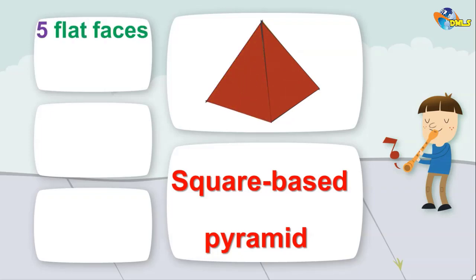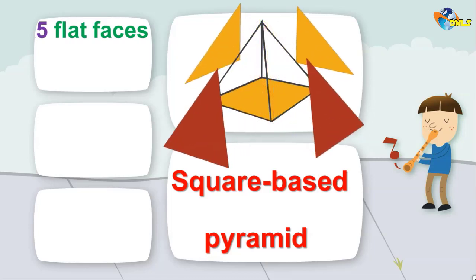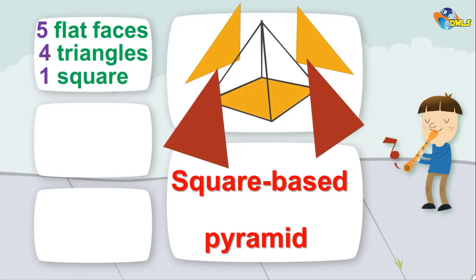It has 5 flat faces. 4 of them are triangles. It has 4 triangular faces and 1 square face. Again, it has 5 flat faces. 4 of them are triangles and 1 is a square.